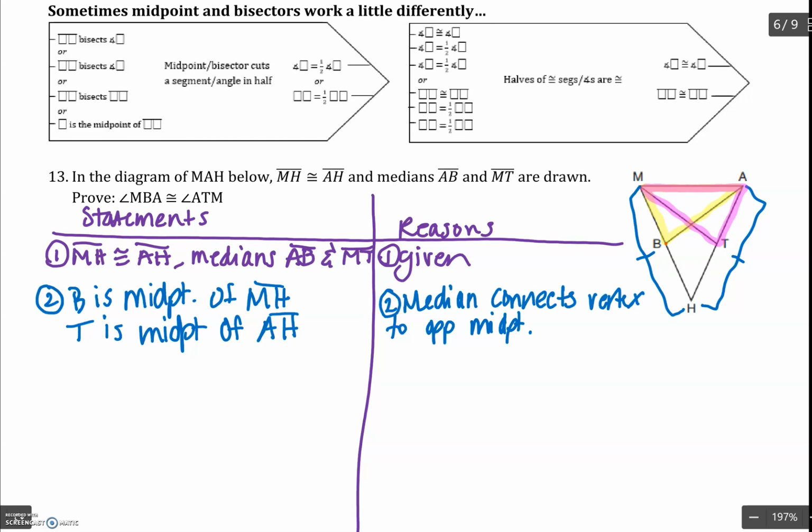So since I'm focusing in on those triangles, I'm going to talk about the parts of those sides that end up the same. Here's how we're going to do it. We're going to say a midpoint cuts a segment in half. That way I can talk about just MB and how it's half of MH.